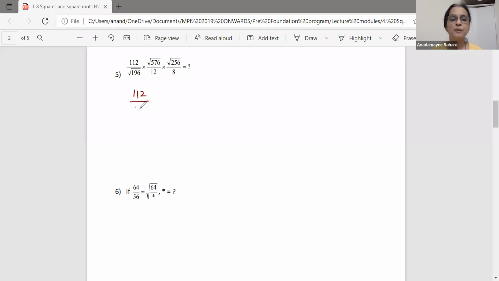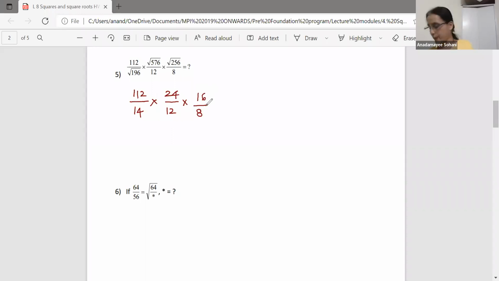So 112 upon 14 multiplied by, 576 is the square of 24, very sorry, 576 is the square of 24 upon 12, and 256 is the square of 16 upon 8.